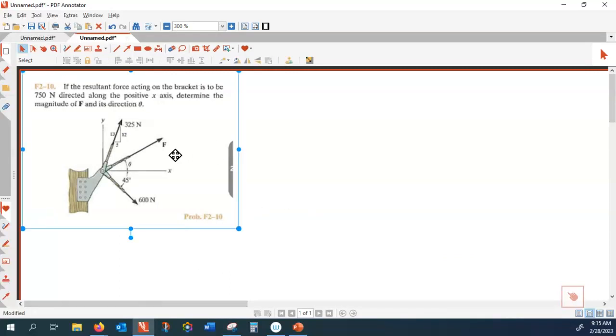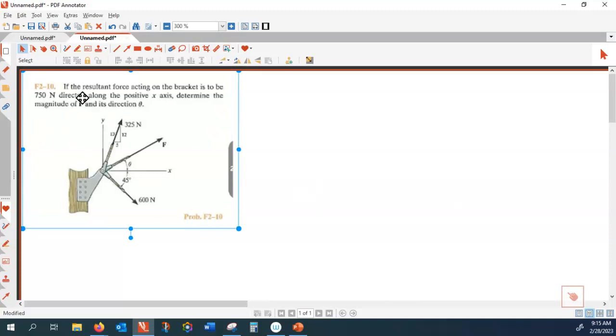In this case, the problem labels are not there, so I suggest we start with labeling the forces. That makes the solution much easier.